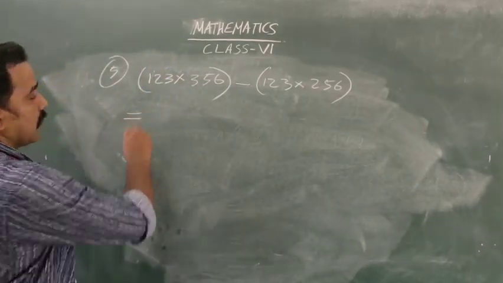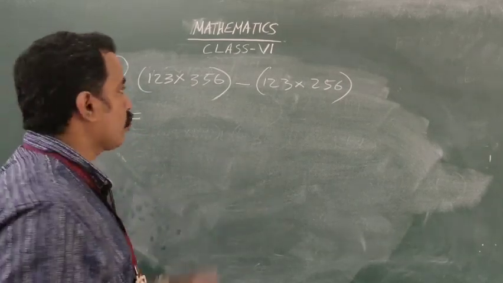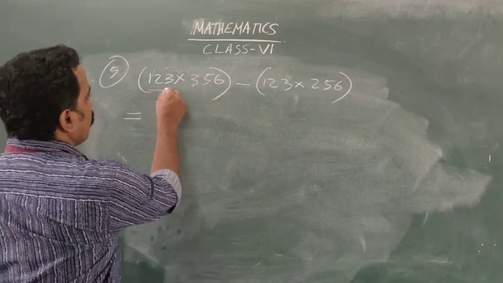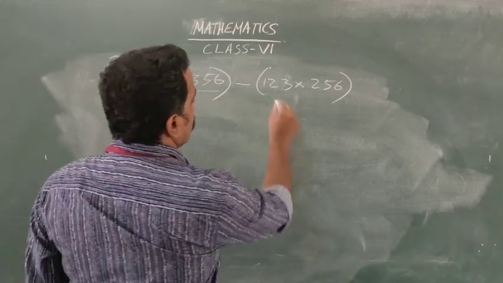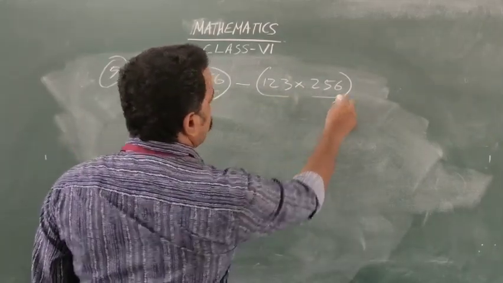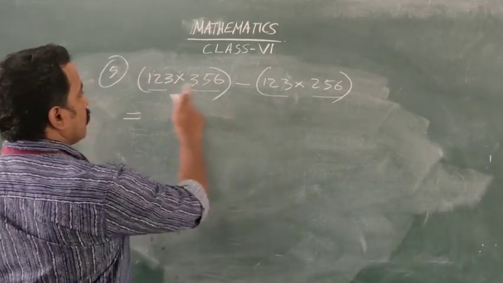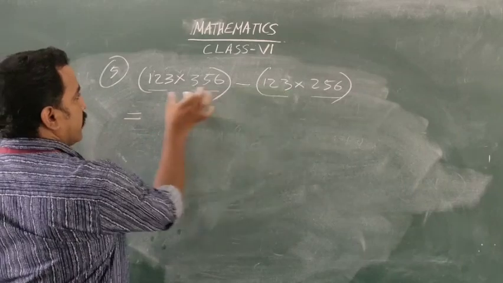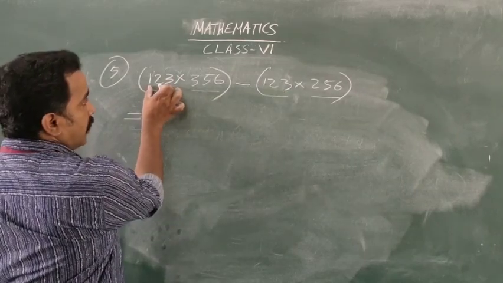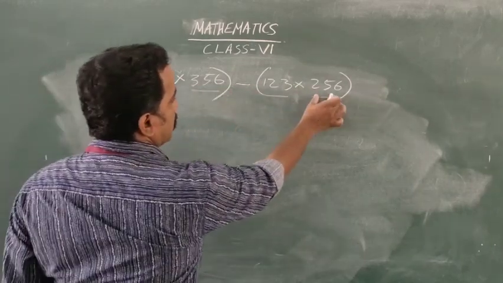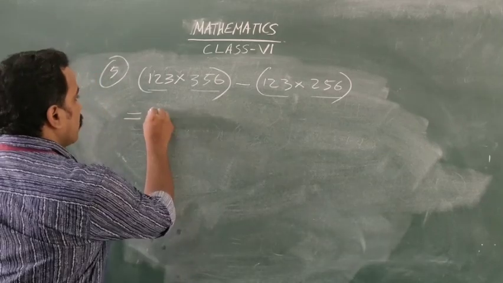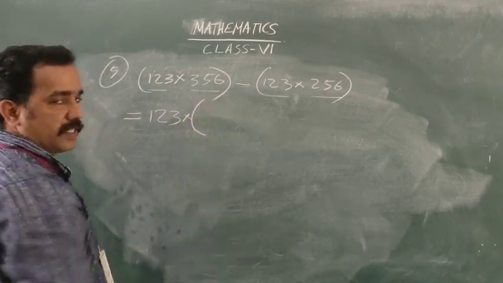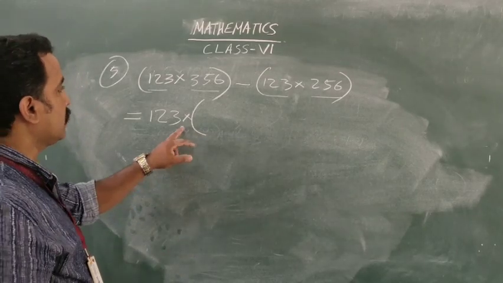To avoid that long step and complication, we can simplify it. If you look at this, 123 into 356, 123 into 256, in both, 123 is common. That 123 is distributed to this and this, so we can take the distributed number 123 outside and put a bracket.